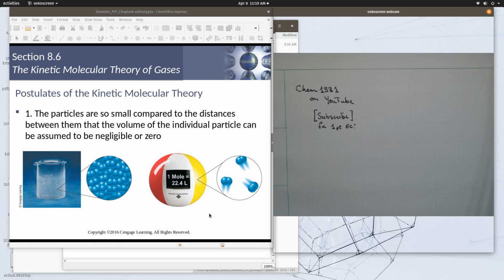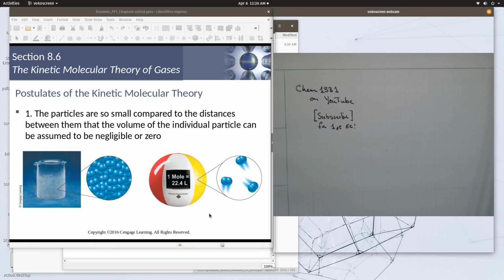In a liquid, that's not the case. In a solid, that is not the case. The spacing between atoms in solids and liquids is on the order of about a chemical bond length, 1 or 2 angstroms away from each other. In a gas, that is not the case. They're more like 10 to 20 to 30 or 40 angstroms away from each other in a typical gas. In fact, we can calculate what that happens to be pretty easily.